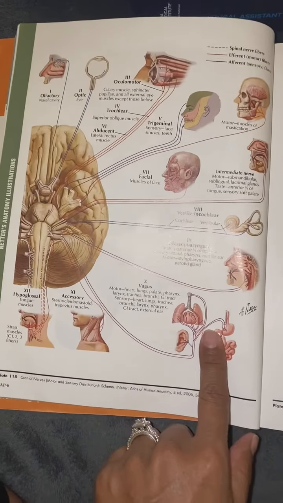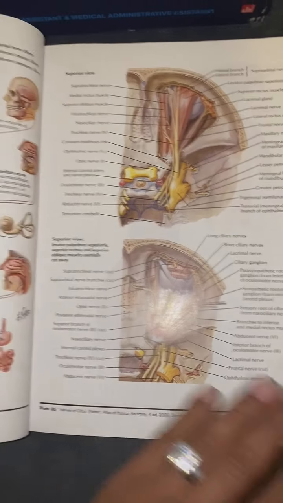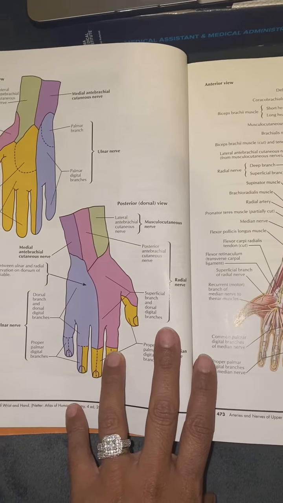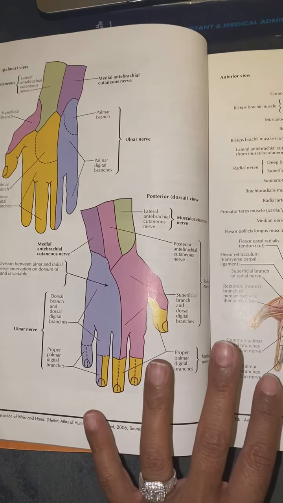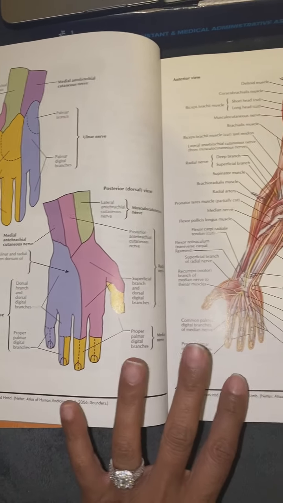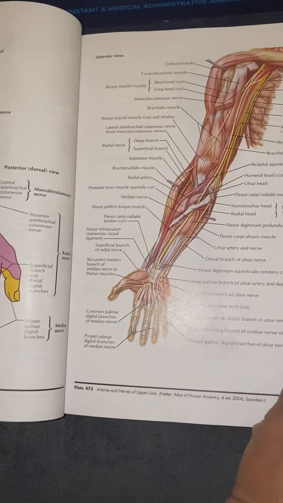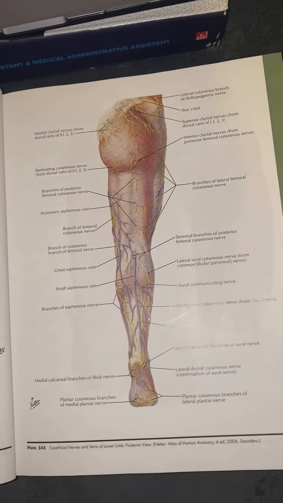Here's the brain and the spinal cord. Another illustration, basically the external, and then here's internal to the brain. We have positioning anatomy of the hands and the different views of the hands. And then this is the musculoskeletal system.